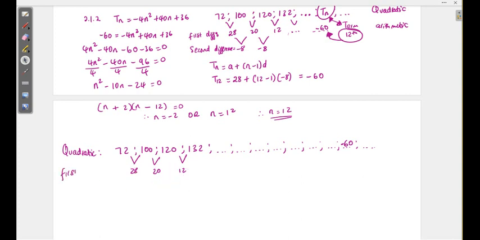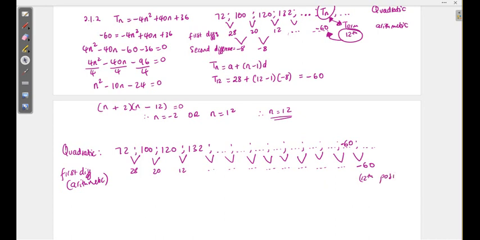These are the first differences which form an arithmetic pattern. If you take them as a pattern, this is position 1, position 2, position 3, position 4, position 5, position 6, position 7, position 8, position 9, position 10, position 11, and then here you have position 12, whereby you have negative 60.